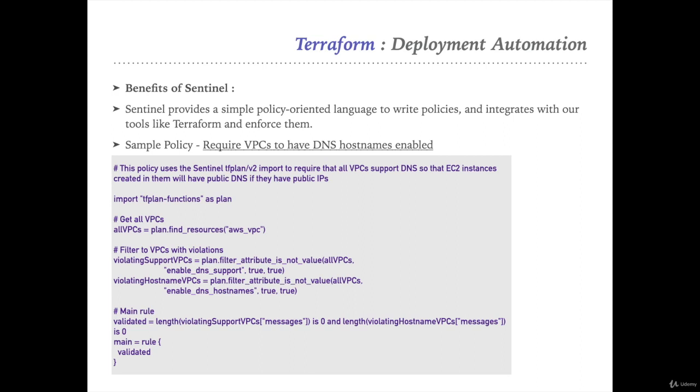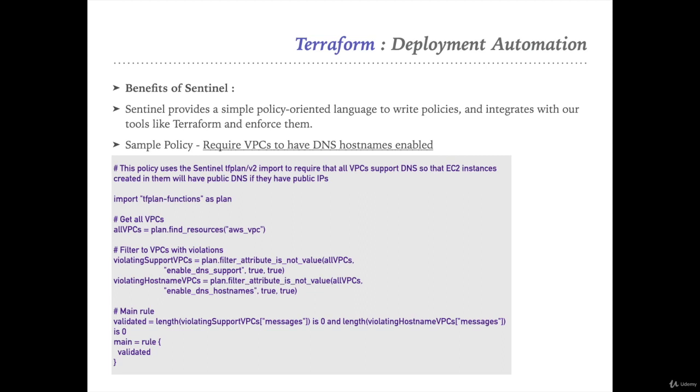Then we are using the function find_resources, and we are defining the resource name aws_vpc. This will be your resource name. Then we are filtering out the VPCs for the violation. So we have violating support VPCs, and the second one is violating hostname VPCs. The first one is plan.filter_attribute is_not_value, and we are passing a few arguments to these functions.